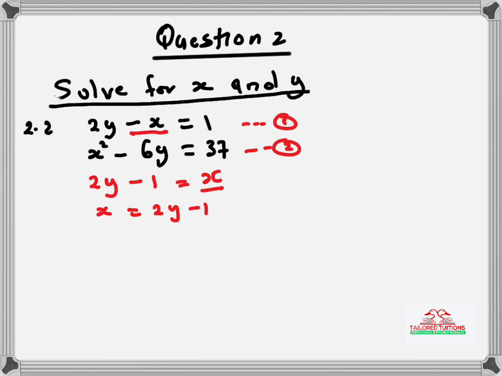So this is the third equation. Now what are we going to do with that equation? Remember, I said earlier on, the aim is to have one equation that has one variable. That is why we are trying to find the third equation, so that we can substitute it into this equation here.